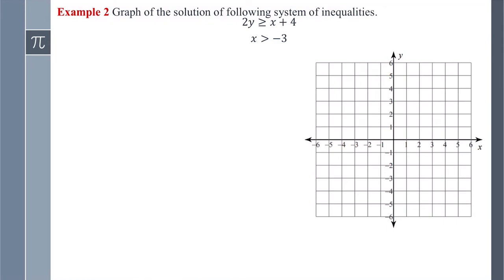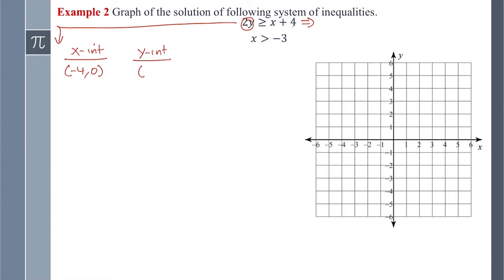So let's go ahead and graph the first line. For this line, let me write it here. Okay, so the x-intercept for that line is when y is 0, so we get x plus 4 equals 0, and that gives us x equals negative 4. So the x-intercept is negative 4 comma 0. And for the y-intercept, we make x 0, so we get 2y equals 4, and dividing by 2, we get y equals 2.